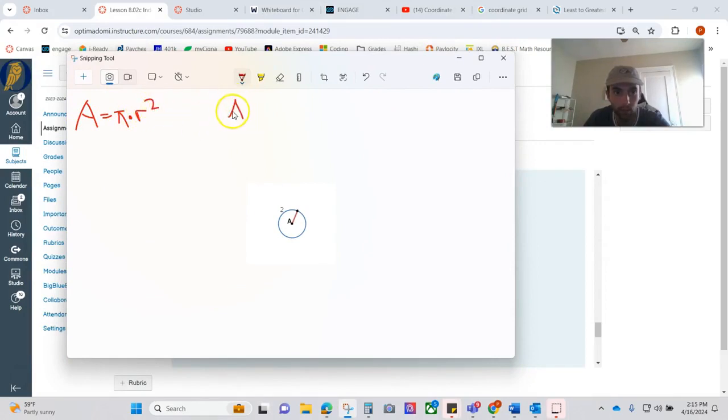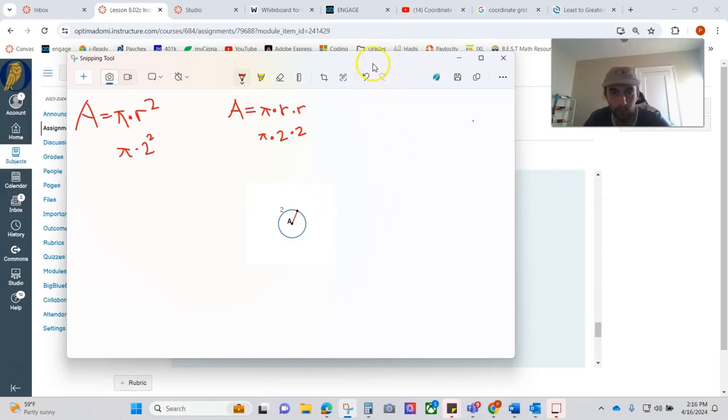Or we can rewrite that same formula in a more expanded way by writing pi times radius times radius, because this exponent means two radiuses multiplied together. Looks like our radius is 2, so let's plug that into the equation. Pi times 2 times itself, 2.